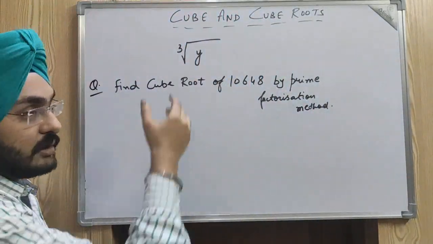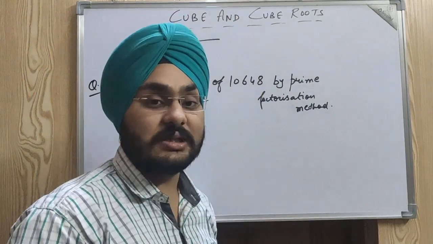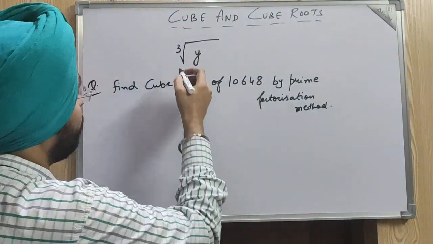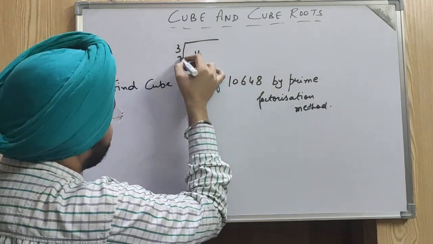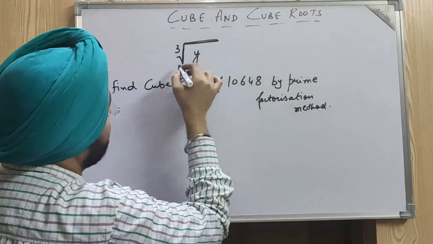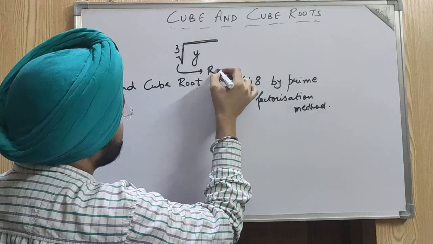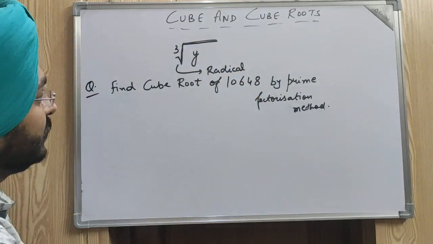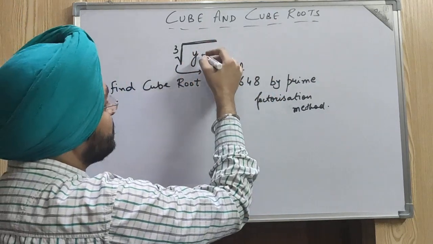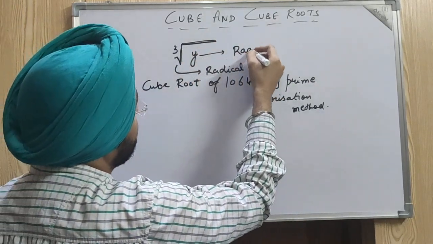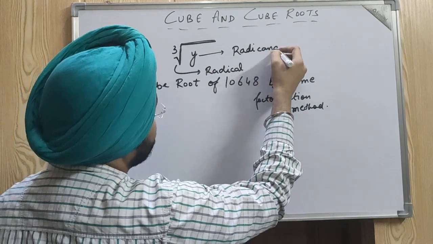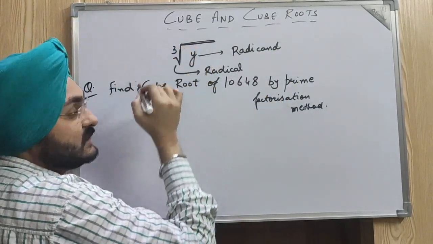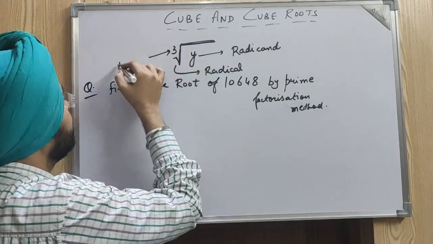Now coming to the basics which we have not discussed in squares and square roots as well, but in this we'll be discussing them. This root sign is known as the radical sign. The number lying inside this radical sign is known as the radicand, and the number written above this radical sign is the degree.